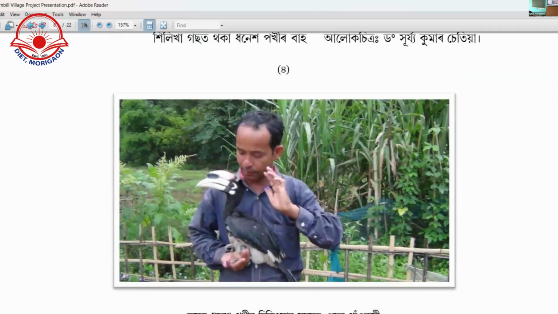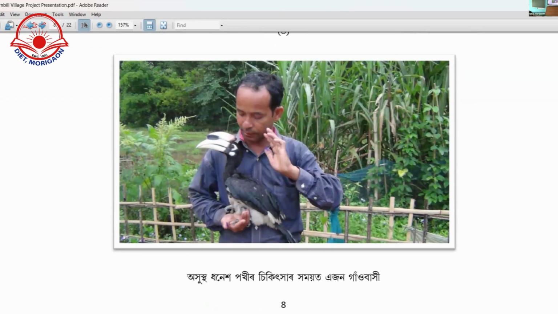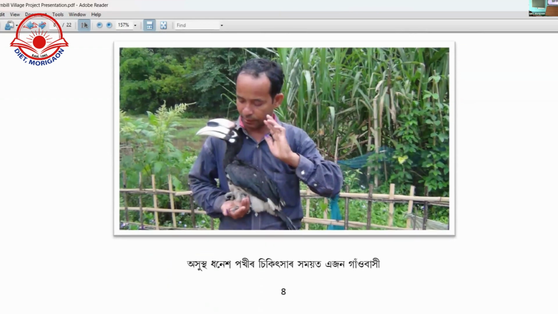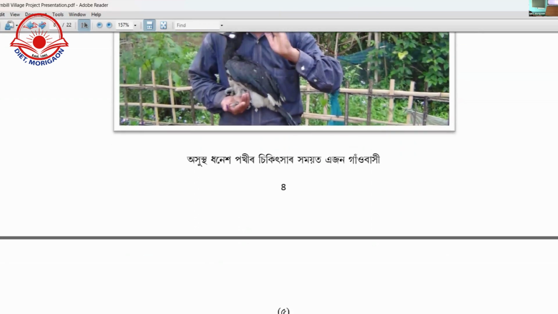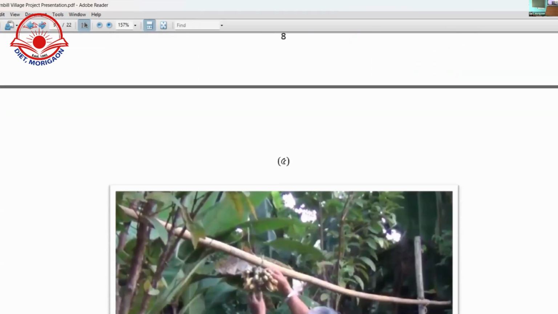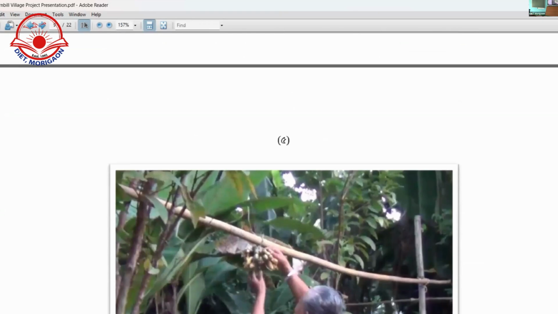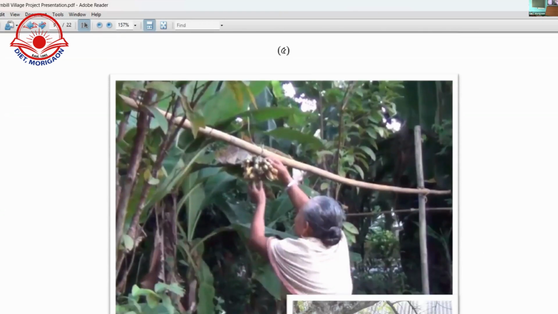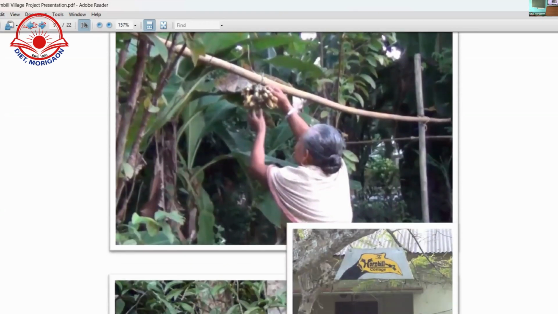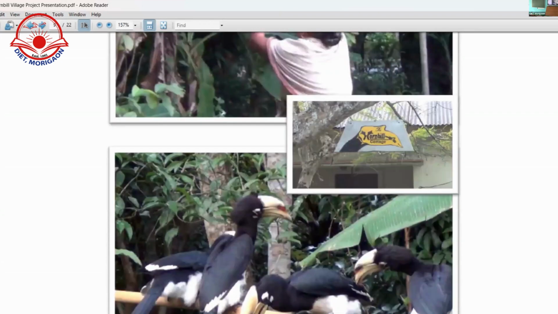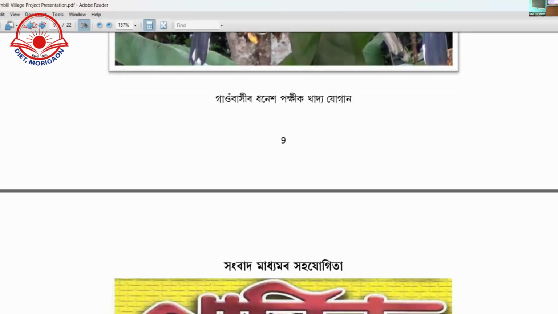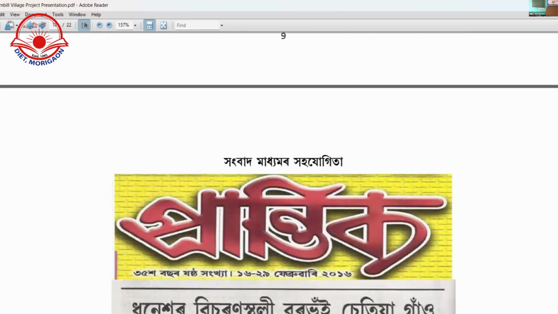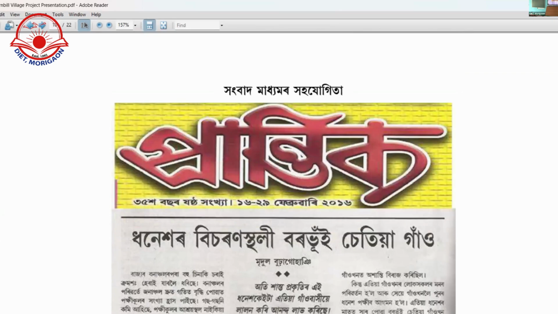Sometimes when birds were injured, the people in the village used to provide treatment to those birds and make them come round. And this is the way the villagers provide food for the hornbills. The interesting part is that the media of Assam has offered a helping hand to promote the campaign.